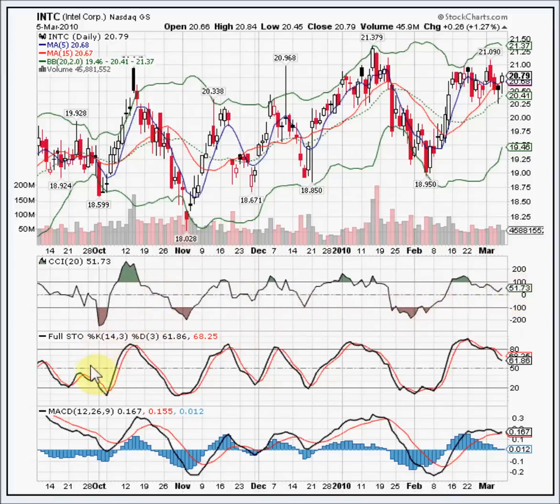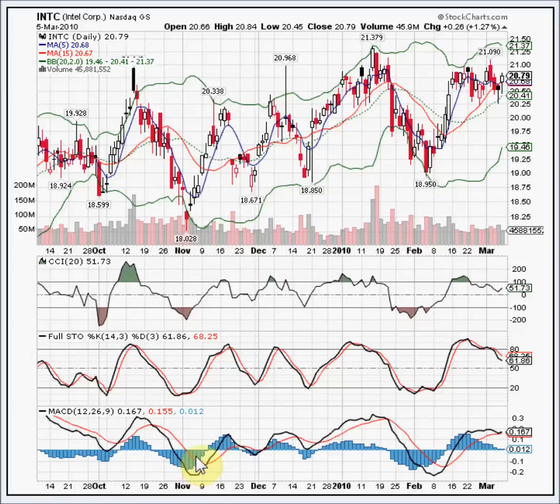Now stochastics moves generally with the CCI, but it has 2 lines. The black line is the fast line and the slow line is the red line. And the MACD has 3 parts, also a black fast line, a red slow line, and this blue graph here is called the histogram.